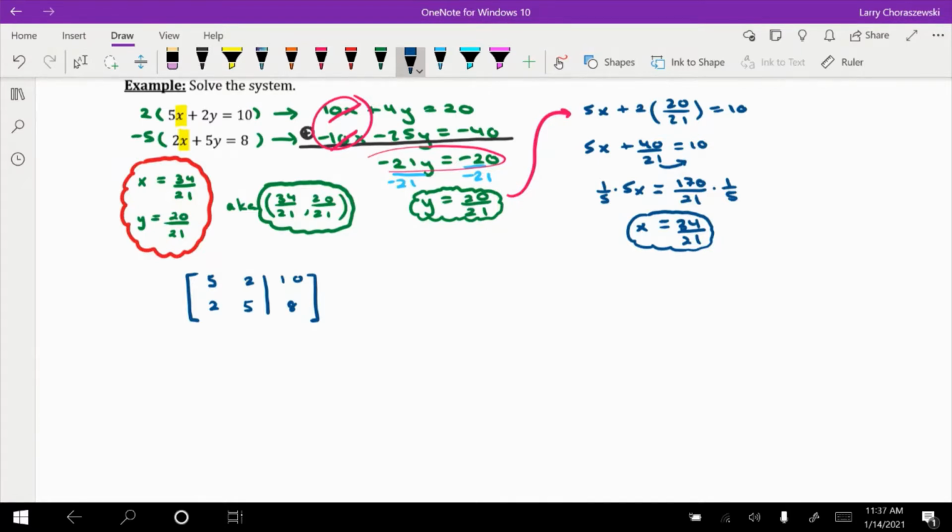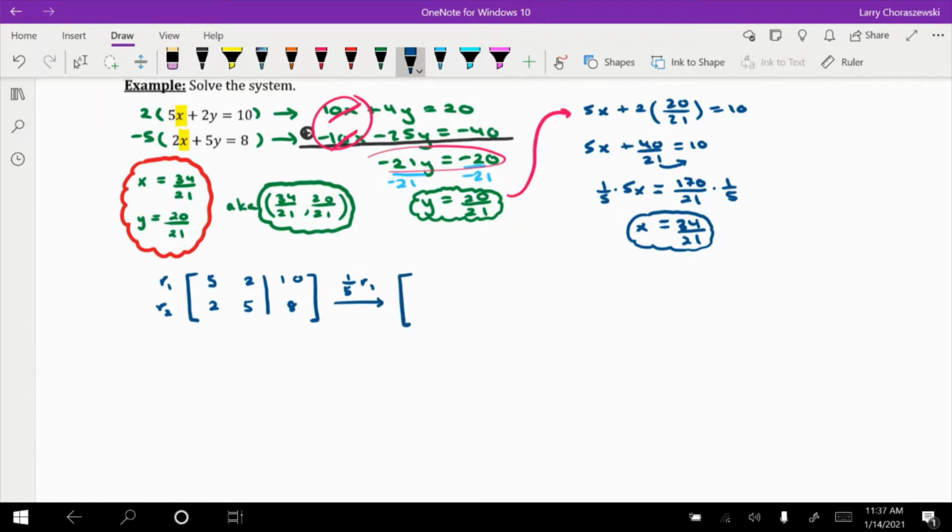So I want to just remind us that we can indicate row 1 with lowercase r sub 1 and row 2 with lowercase r sub 2. And what I'm going to do is multiply the first row of this matrix by 1/5. And I'll indicate that with 1/5 R1.